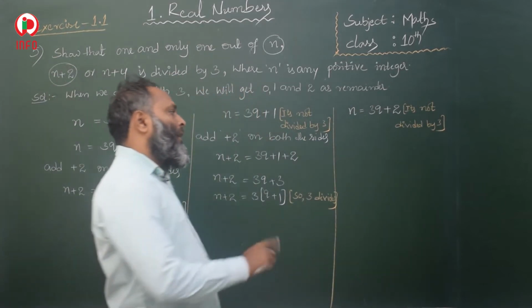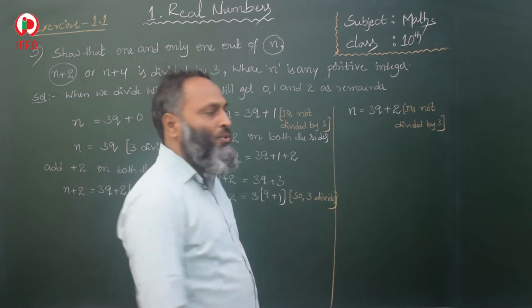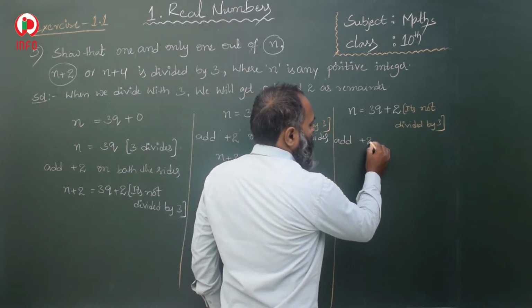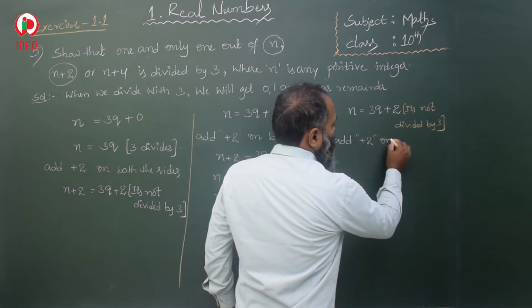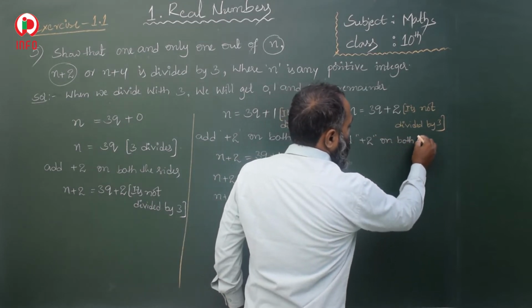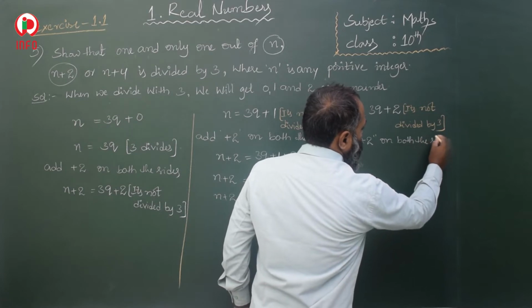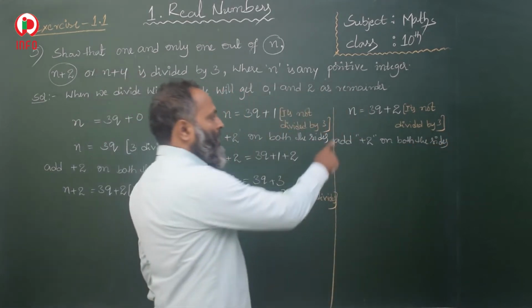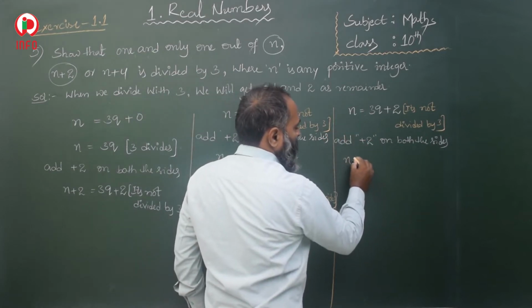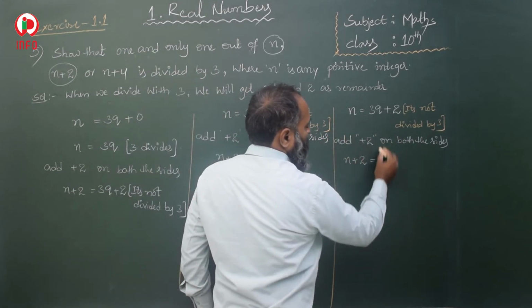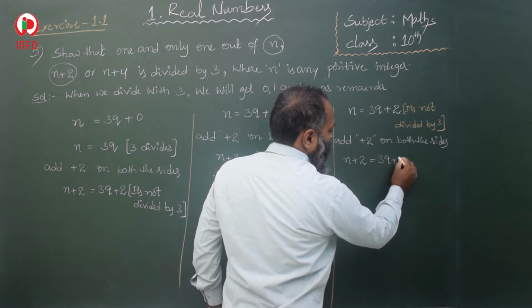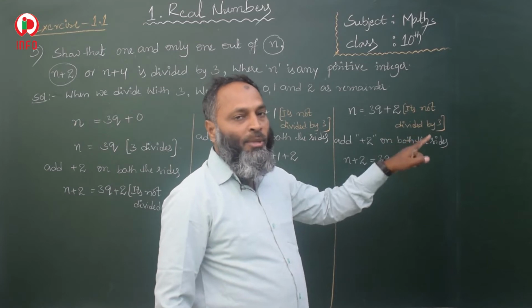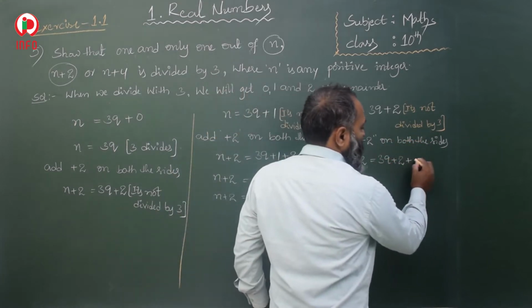Now here also add plus 2 on both sides, that is n plus 2. Here 3q plus 2 is already there, and we are adding one more plus 2.